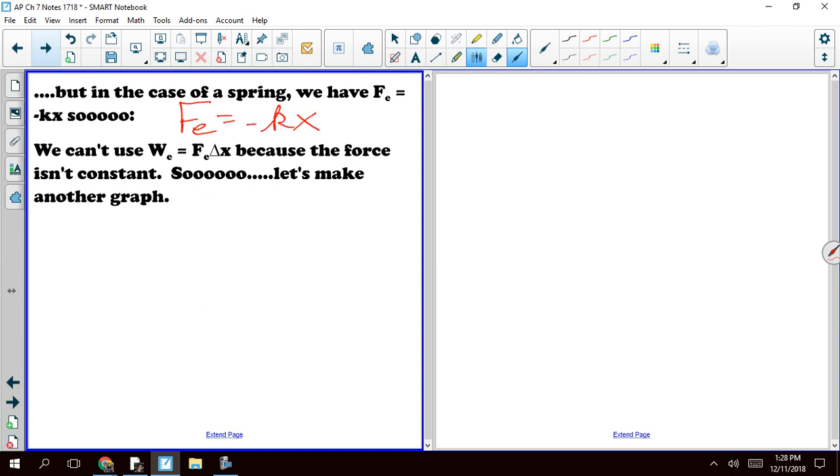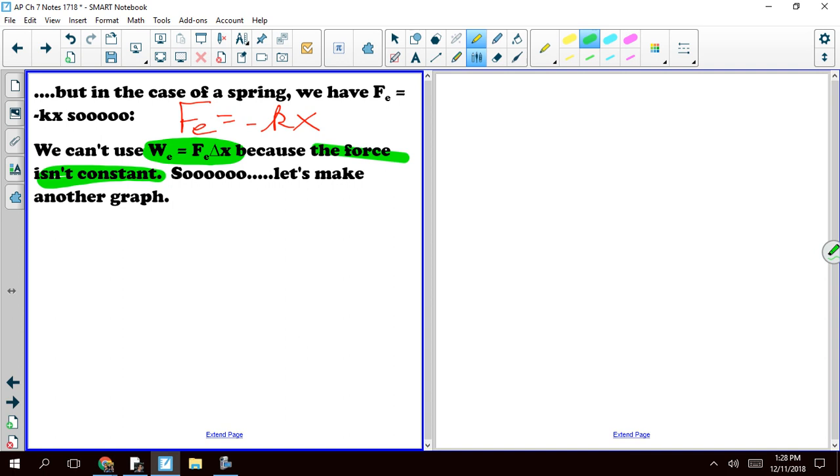This time, and this is super, super important, we can't use work equals force times displacement because the force isn't constant. And because the force isn't constant, we need to find a way to calculate the work accounting for the fact that the force is changing.